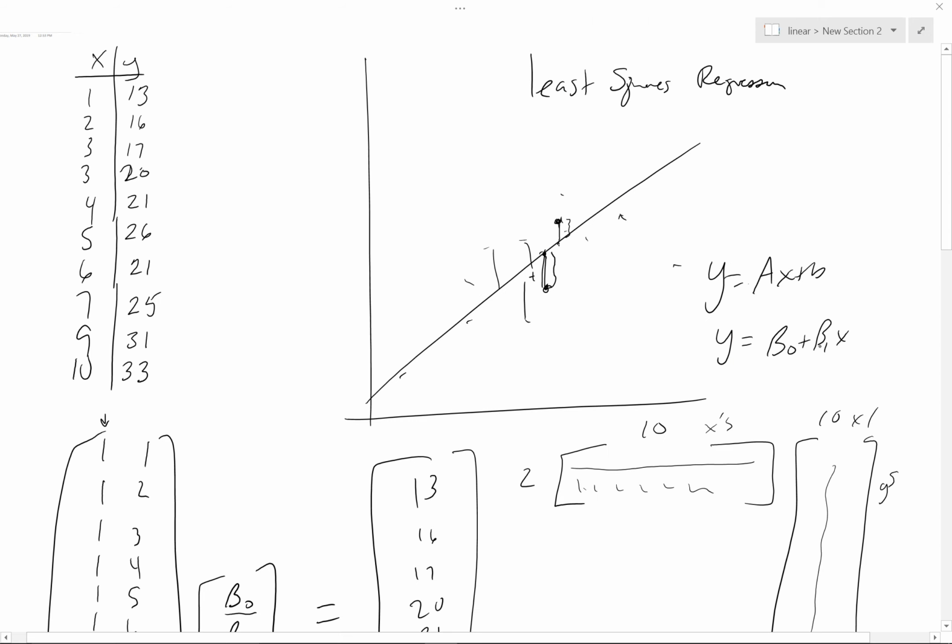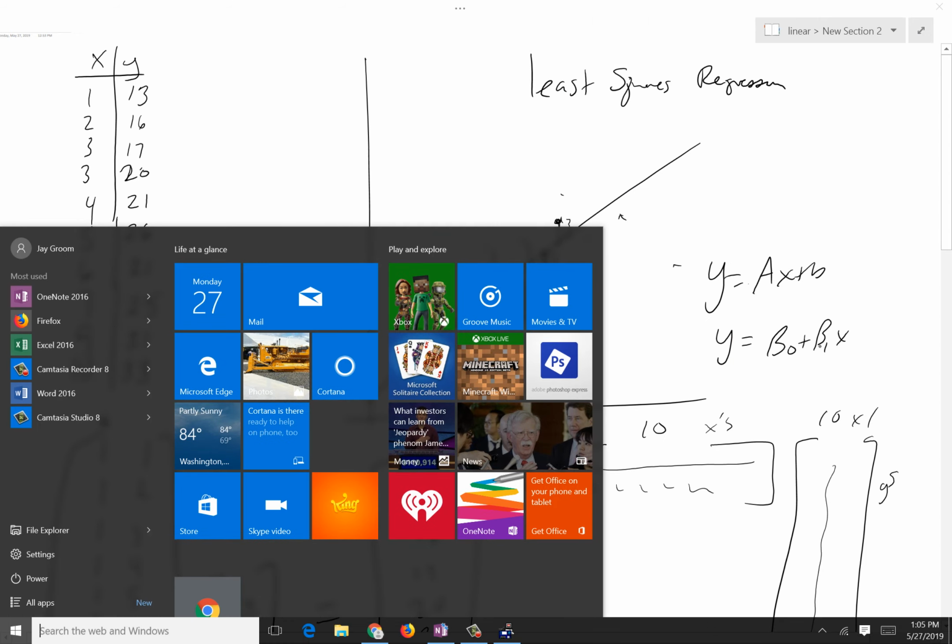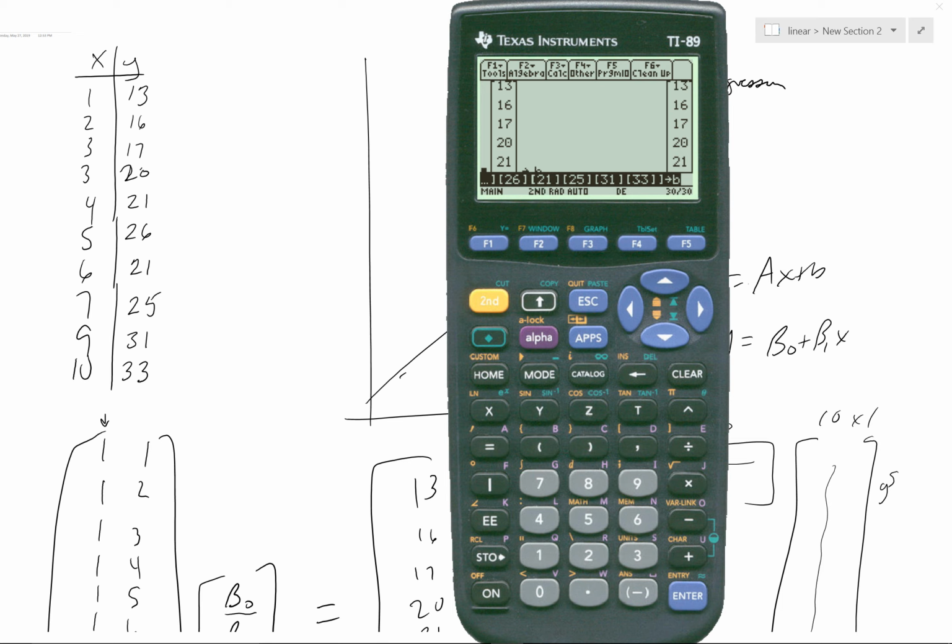Okay, so what I'm going to do is, again, I'm going to take A transpose, darn it, A trans, what are you doing?